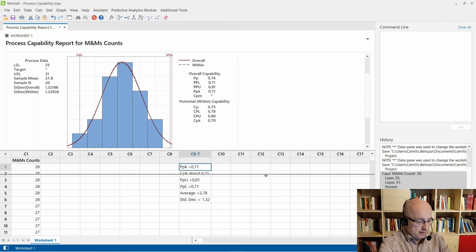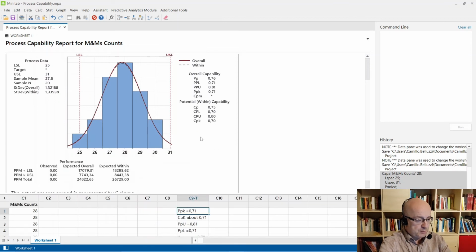Well, if we scroll down to the second part of the graph, we see a level at the bottom of this graph, and we can see here an observed performance, an expected overall performance, and an expected within performance. Let's stop a few seconds on the observed performance.